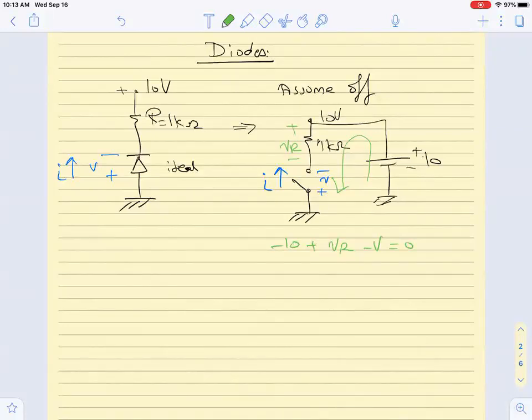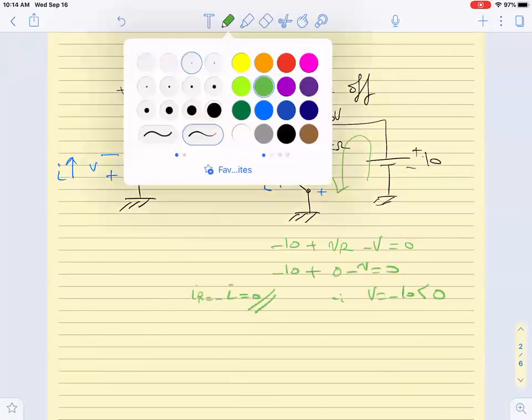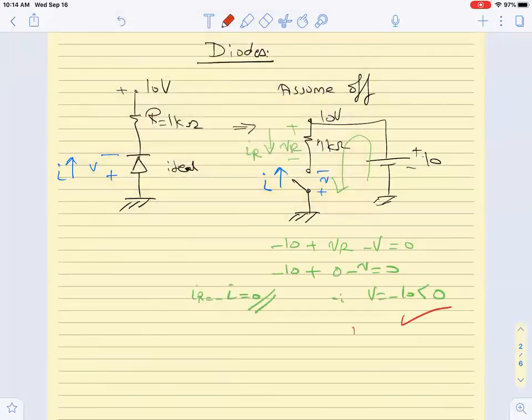Since the current flowing in the resistor IR is equal to minus I of the diode, which is 0, this is plus 0 minus V equals 0. Therefore, V equals minus 10, and it is negative. And this tells me that my assumption is correct.